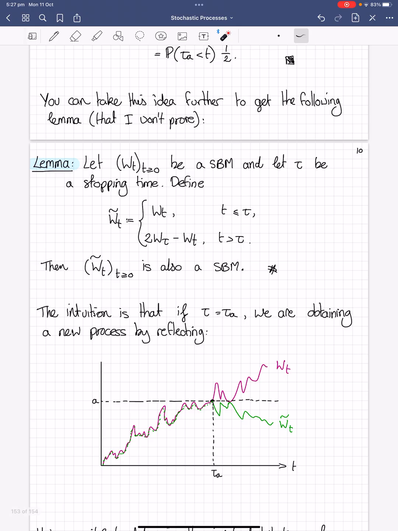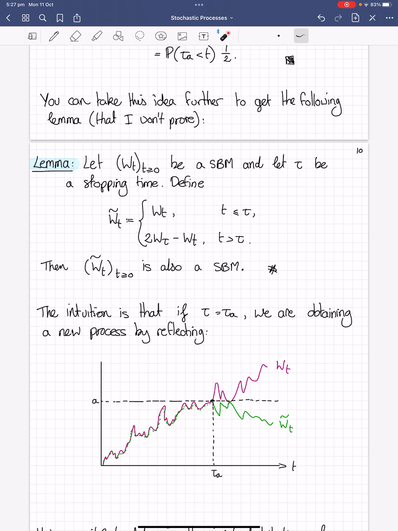Okay, so what does this process actually give? The intuition behind this is quite nice. If you take this tau to be the hitting time of level A, this time tau A, then for t less than or equal to tau, the two processes, Wt and tilde Wt, share the same path. So the green and the magenta paths are over the top of each other because they're equal to each other.